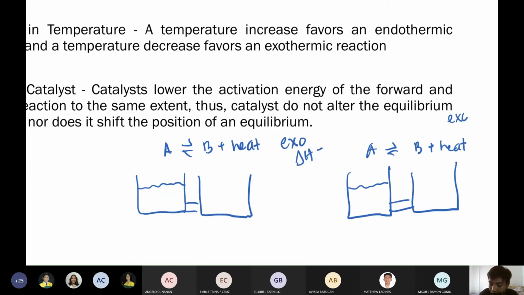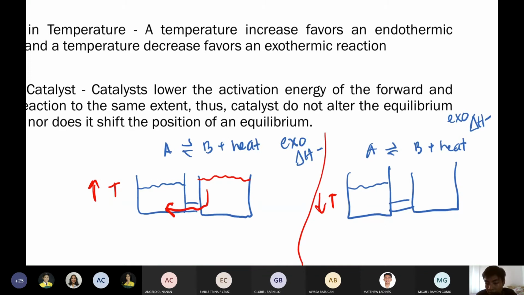Exo, delta H negative. Not the K-pop group, ha? Okay. So what will happen if you increase or decrease the temperature for exothermic reactions? Imagine, if you increase the temperature, your product will increase. So what happens? To achieve the balance, the water will be pushed to the left. That means the equilibrium will be shifted to the left, because you have more products than reactants when you increase the temperature.